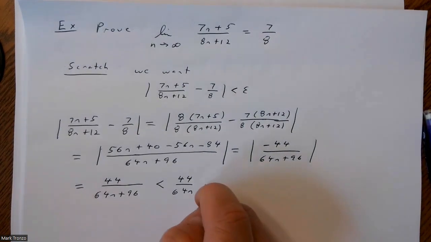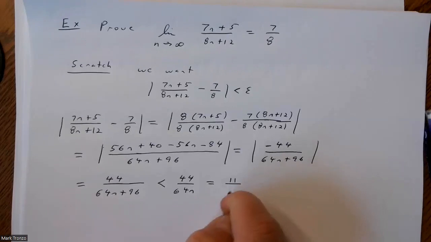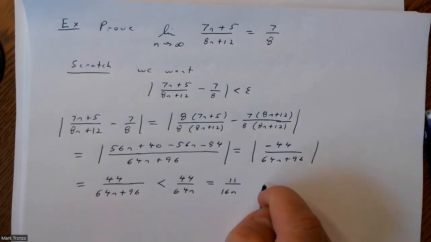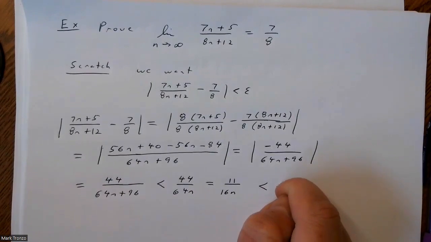I guess we can divide both numerator and denominator by 4 to make it a little easier to work with: 11 over 16n. Okay, so now at this point, we want this to be less than epsilon.